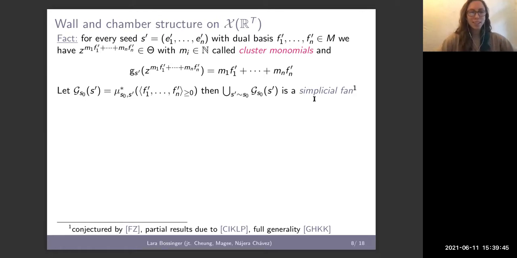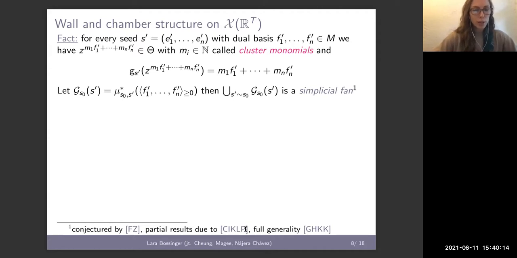So I'm stating this here as if it would be quite clear, but this was a long-standing conjecture. This was observed already by Fomin and Zelevinsky in their very first paper and verified for the first cases. Then there were some partial results throughout the years by, for example, Cerulli Irelli, Keller, Labardini, and Plamondon.